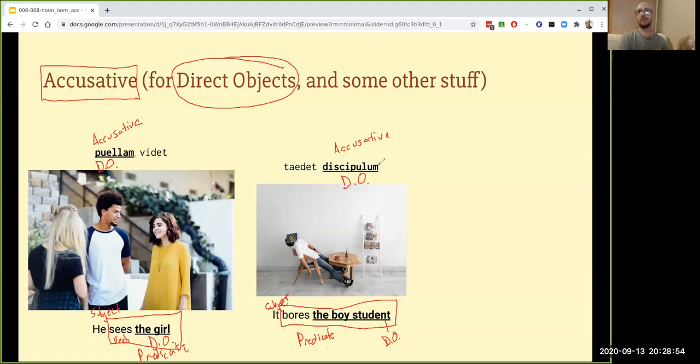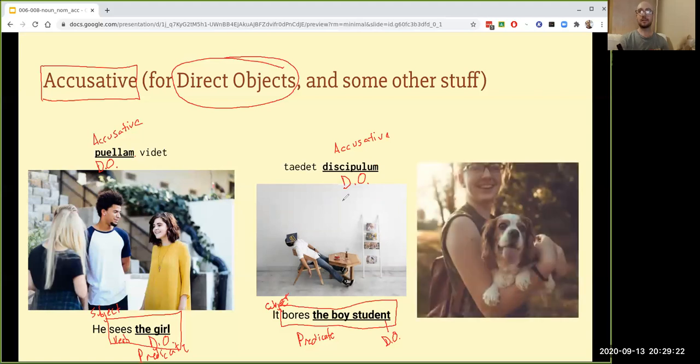For this word, you might remember that when it was nominative, when it was a subject, it was not discipulum. Instead, it was discipulus. That was the nominative form. That would make it the subject of this sentence. But we've got the accusative form here, so we know it's the direct object.